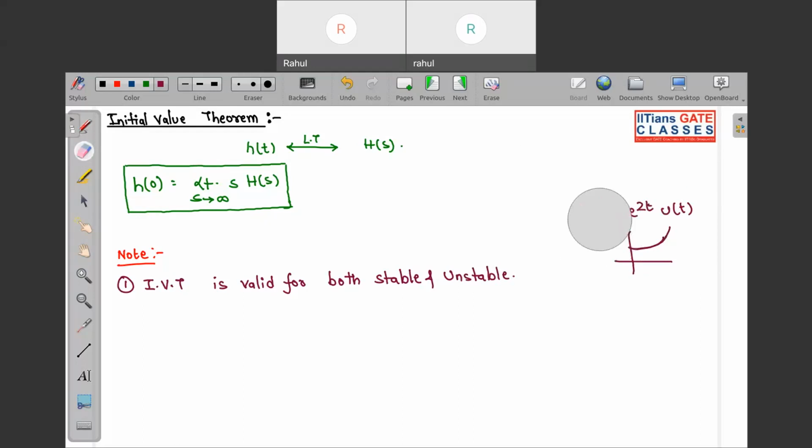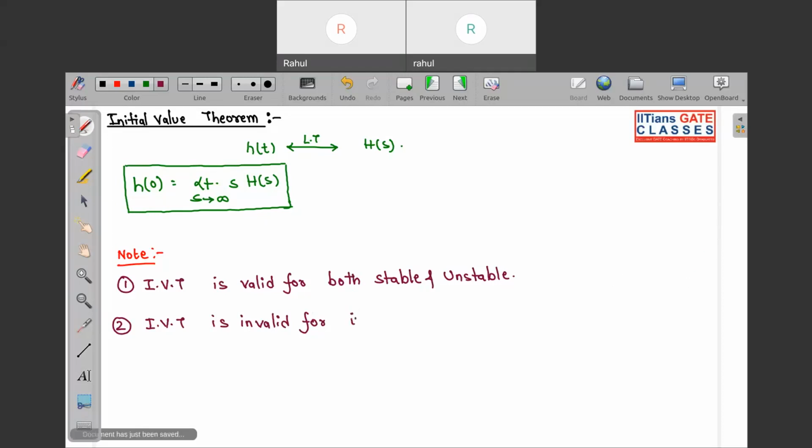But initial value theorem is invalid for improper transfer functions. So what do we mean by an improper transfer function?